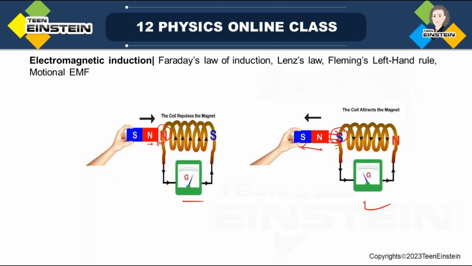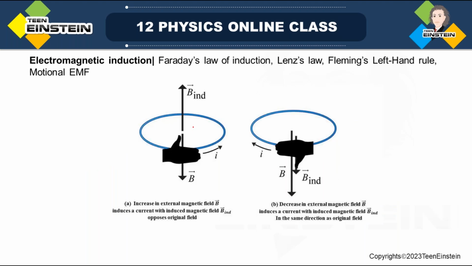Okay, so this will be very clear again here. You look here, see. This is the coil. Suppose this has a plane, the area of this loop is in the plane, and the original magnetic field is in the direction perpendicular to the loop, and also it is into the plane of the paper.